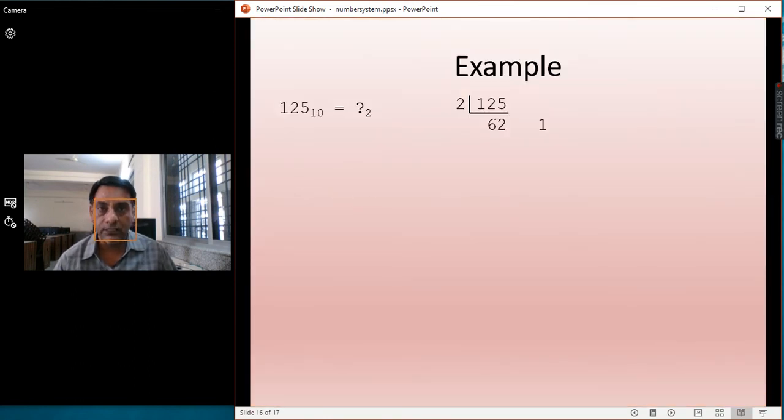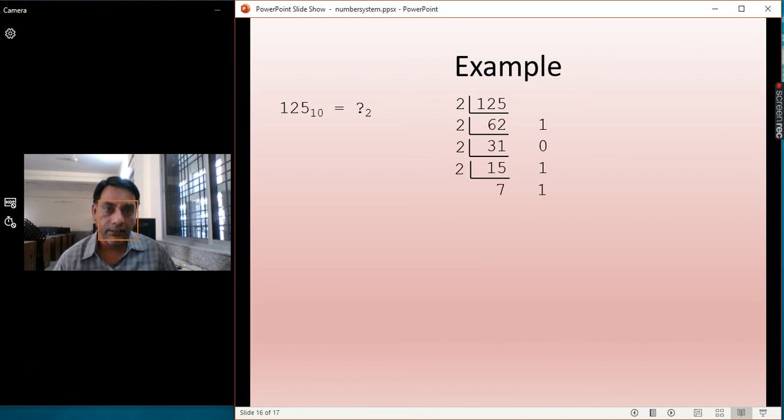Now look at this example. This is 125, and we divide by 2; you will have 62 and the remainder is 1. Again, if we divide 62 by 2, you will have 31 and the remainder is 0. In the same pattern, 31 divided by 2 gives 15 and the remainder is 1.